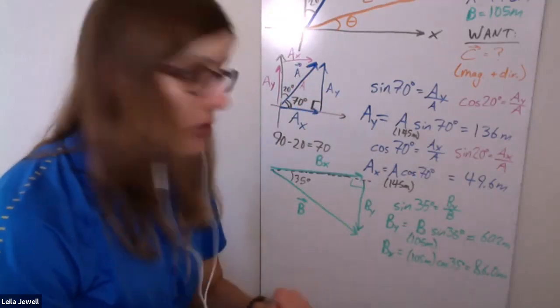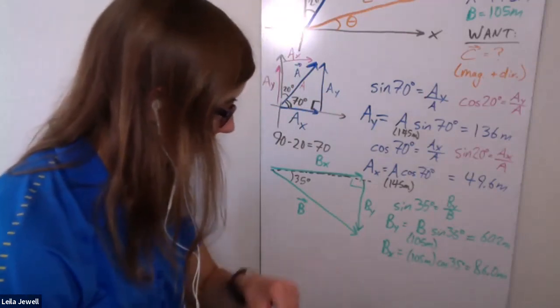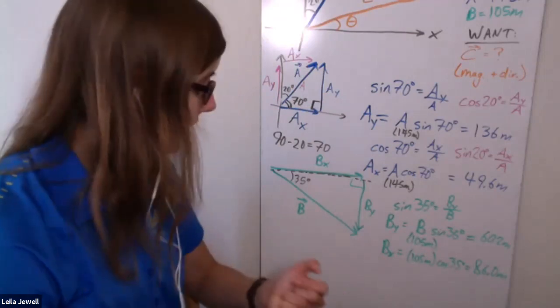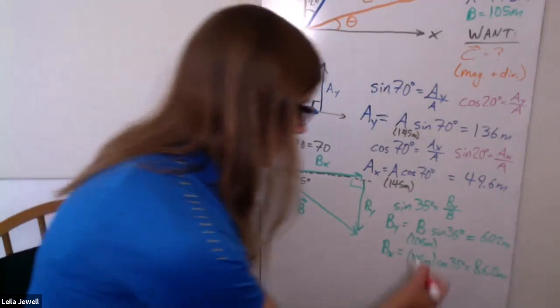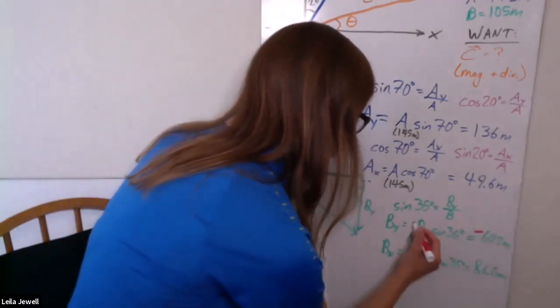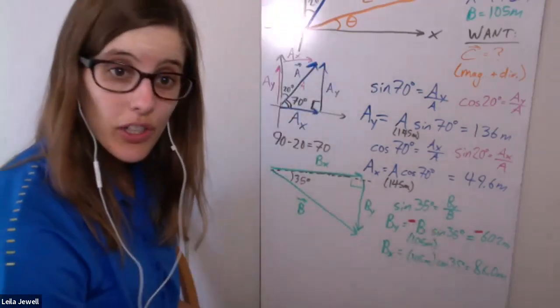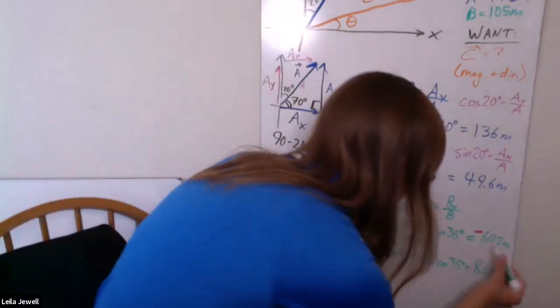That means we need to account for that. It's not enough to just plug in numbers and chug. We need to pay attention to the fact that b sub y is actually going down, and so I'm going to add in a negative sign here. That it is in the negative direction, negative 60.2. Sorry, that print is pretty small.